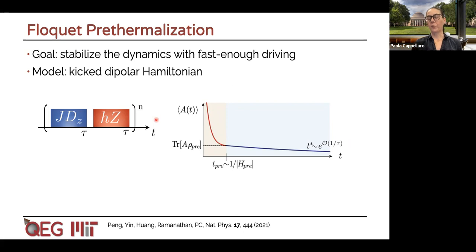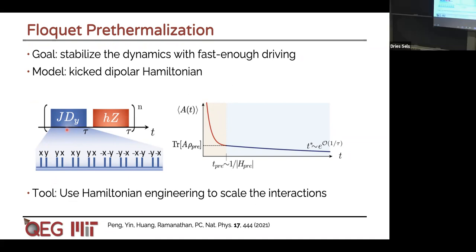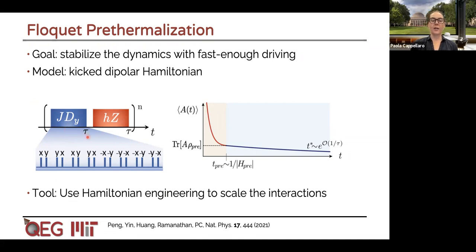So how can we probe this? One important tool that we used was Hamiltonian engineering, in order to scale the dynamics instead of changing the rate. Why did we want to do that? Well, if I change this tau, I will also change how much relaxation and decoherence I introduce to the system, and how much control error I have.